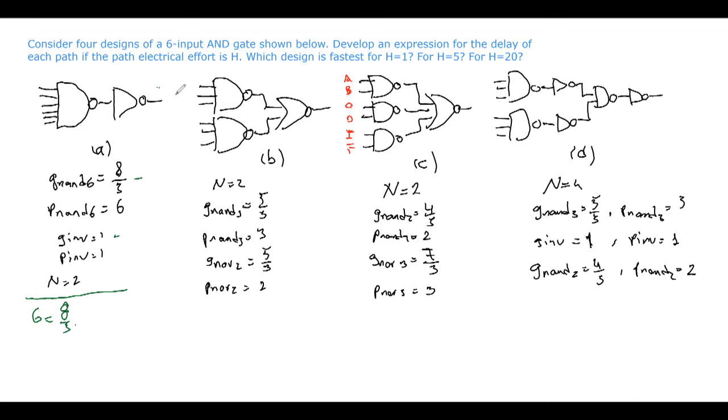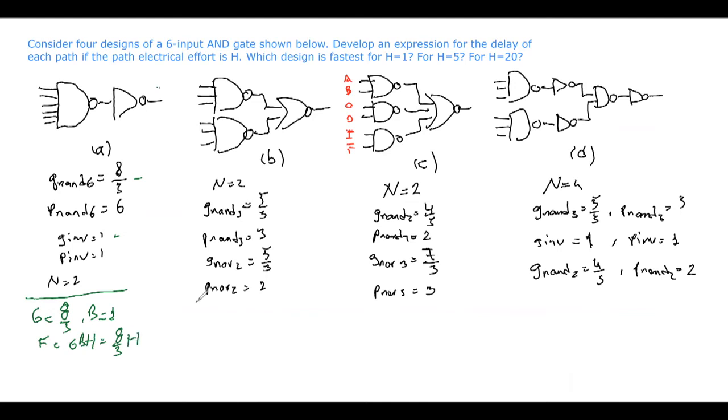And we see that there is no branching along the path. So what is my B? The branching effort will be 1, and H is given as H. So what do we have? Capital F is going to be G B H, which is going to give me 8/3 times H.